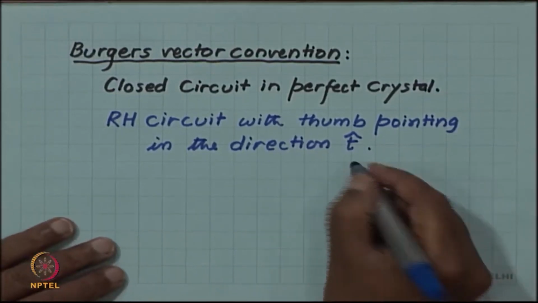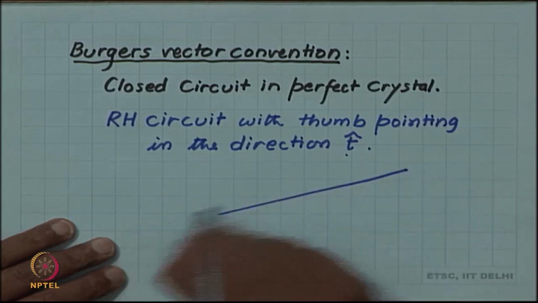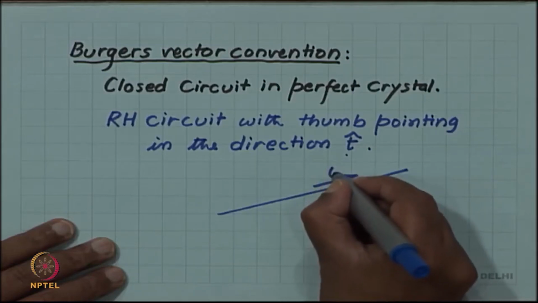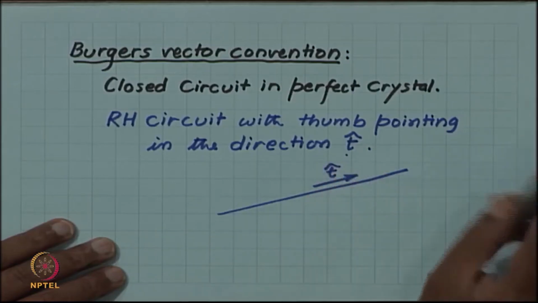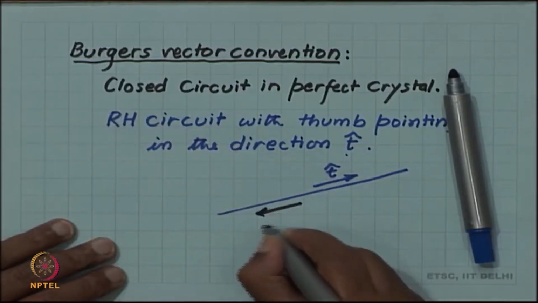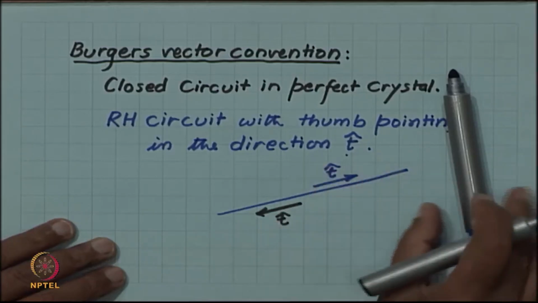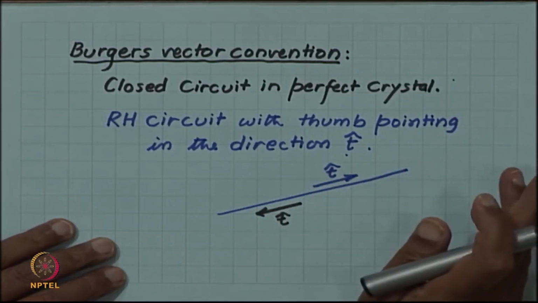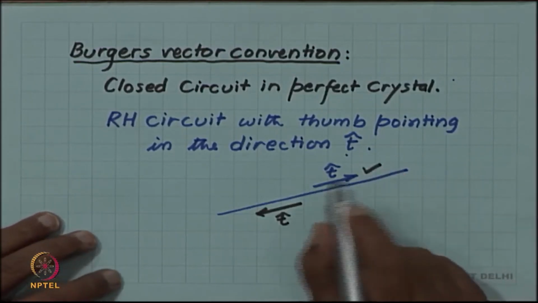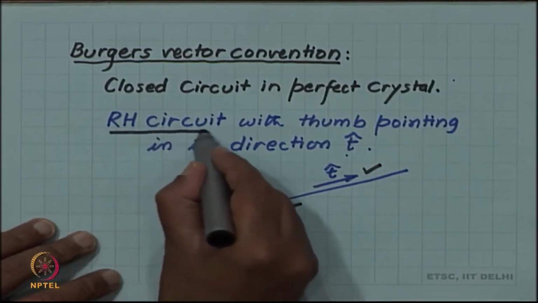the tangent vector. See, the tangent vector also has an ambiguity. If I have a dislocation line, I said a unit vector parallel to the dislocation line is the tangent vector, but the tangent vector can be selected like this, or somebody could have selected it like this. So, first you have to select a tangent vector, and once you have selected it, with respect to that tangent vector, your circuit can be either right handed or left handed.